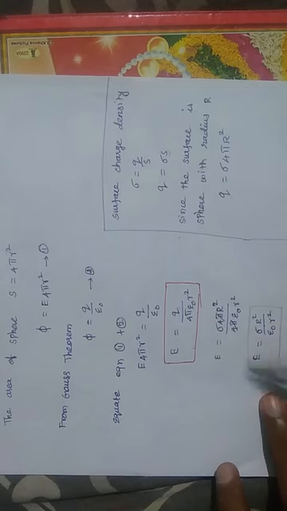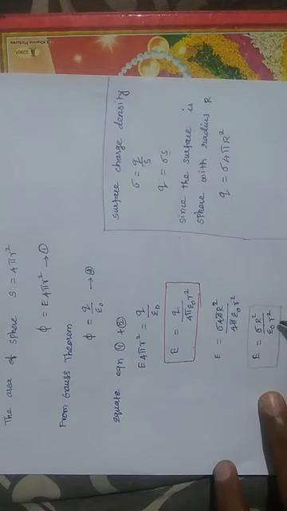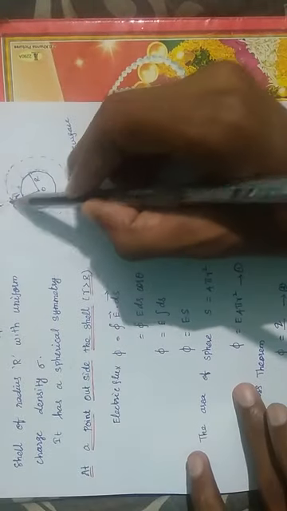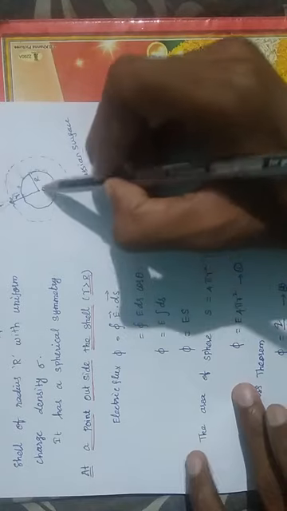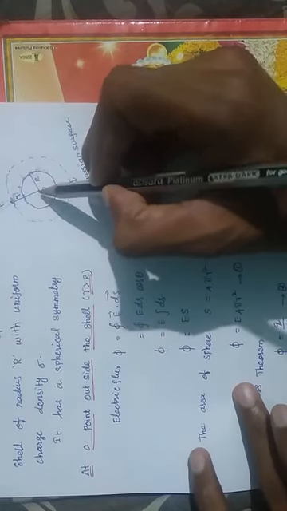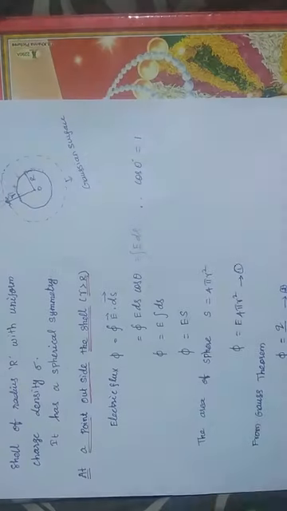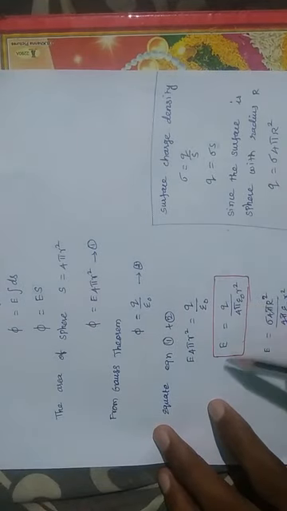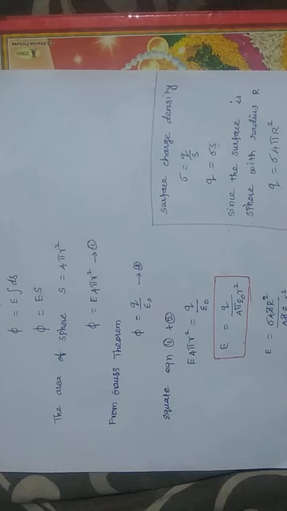So what is the conclusion we can give from the expression? Field is depending upon the r value, that is, the distance from the spherical shell. Why are we taking the distance from the center? Because when you look at the expression E is equal to q by 4 pi epsilon naught r square, this is the expression we already got for a point charge.